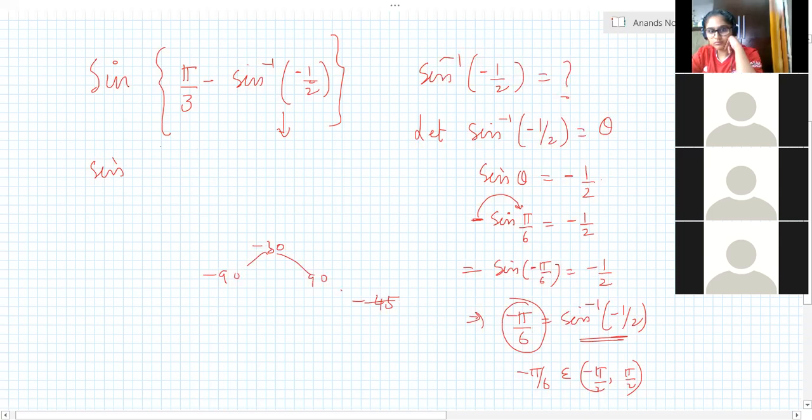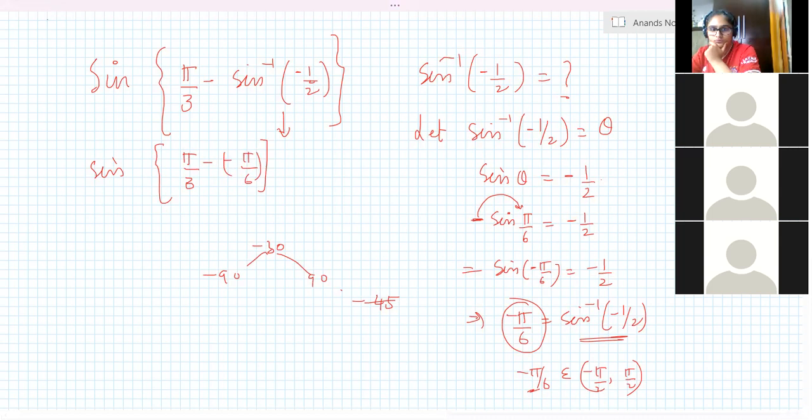So this will be sine of pi by 3 minus pi by 6. Correct? Yes, sir.